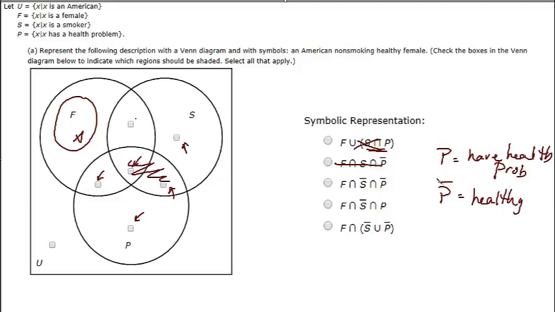So we want a female, non-smoker, and healthy. Alright, there's our winner for that one. And just kind of got to go through the list and figure out what's going on with each one.